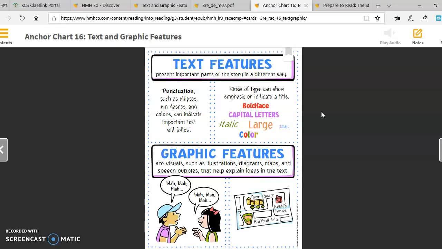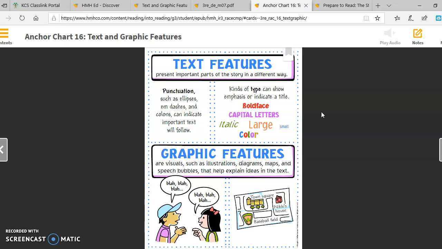Maybe we couldn't write the entire thing out, so we used ellipses. Dashes, colons, they can all indicate important text will follow. Then you have kinds of type can show emphasis or indicate a title, like boldface type, or maybe all capital letters, or italic print, large letters, small letters, very colorful letters.